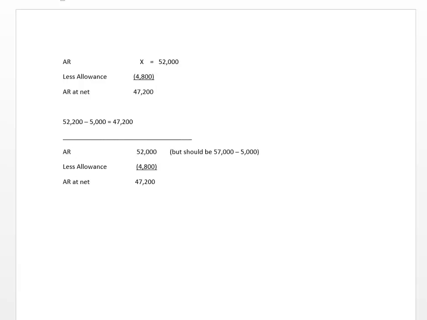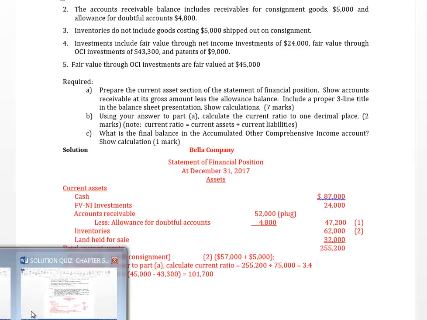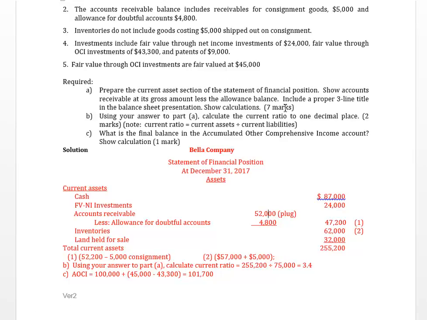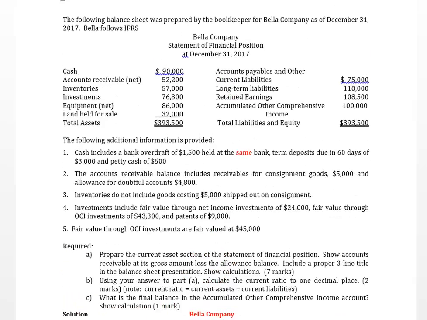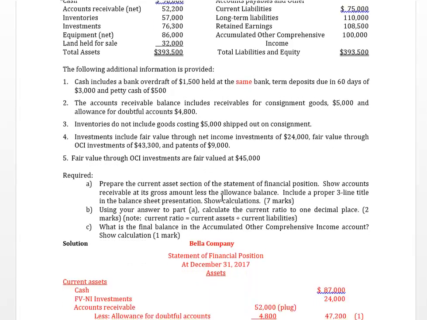So now what I need to do is go back to my problem and get rid of this guy because I don't need it. So now I have this amount in my inventory, which is $62,000. And don't forget what I said earlier is that we had inventories at $57,000, but they excluded the $5,000 consignment, which should be included because it's your inventory.